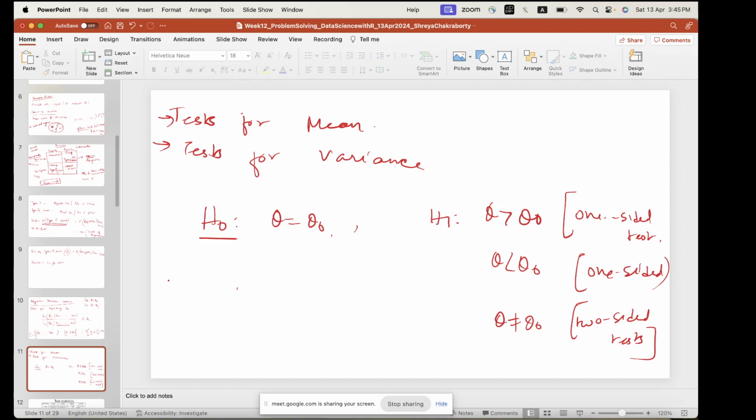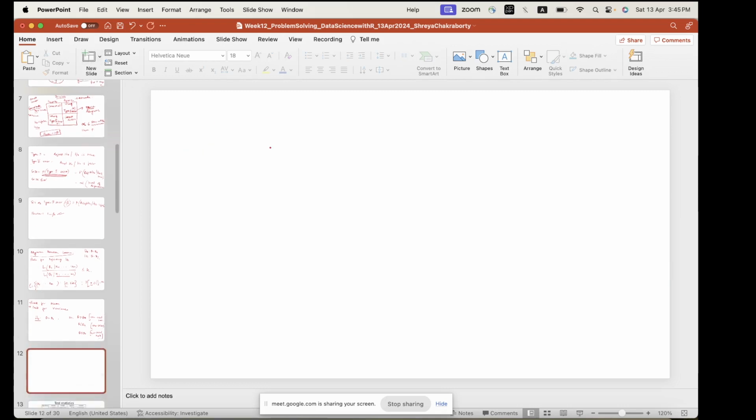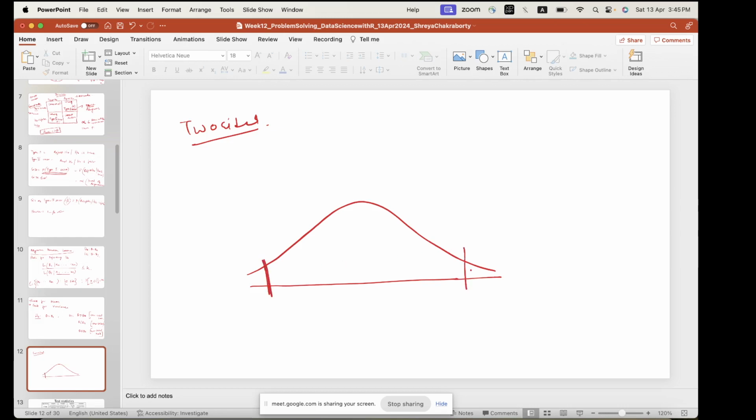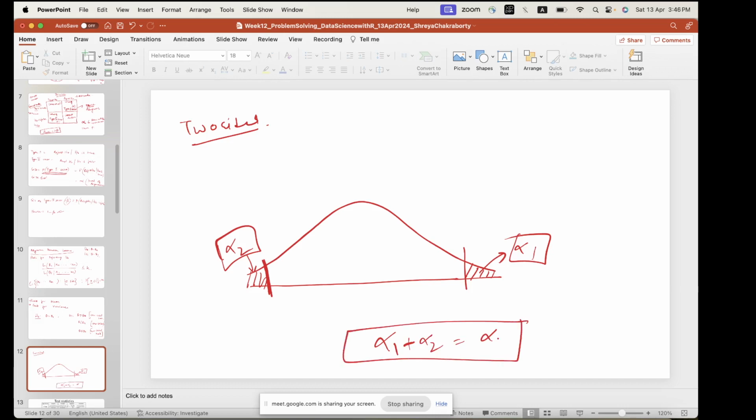Okay, so when we have a one-sided test or two-sided test, what actually happens? So let's say we have a two-sided test. Okay, so if the distribution of the test statistic is this, we would have this point and this point, the area above which, this area, let's say alpha 1, and this, let's say this is alpha 2, these two areas should add up to alpha, which is the level of significance.